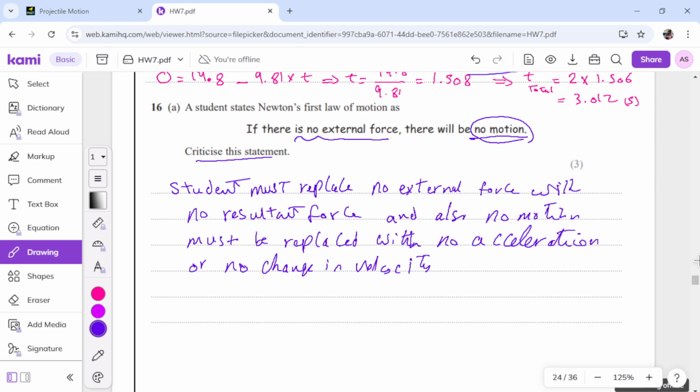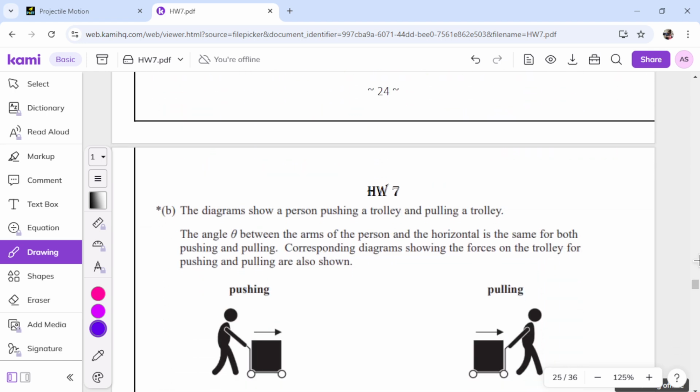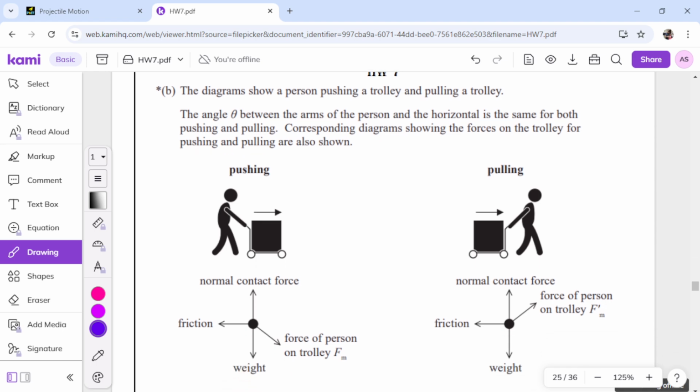This is what the students must replace. Okay. Now let's move to the next part B.